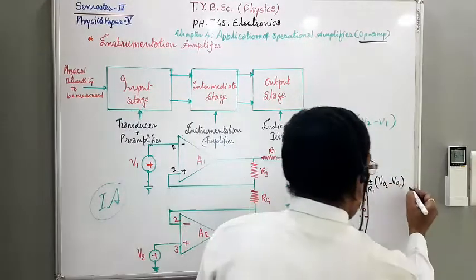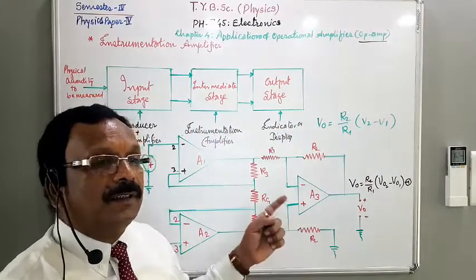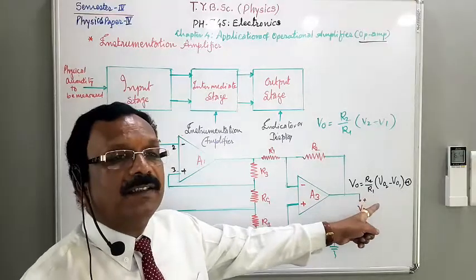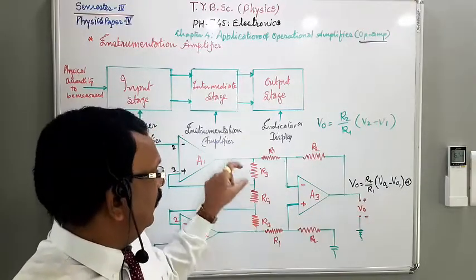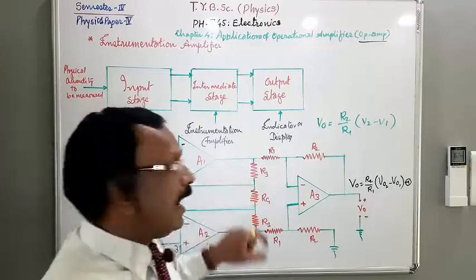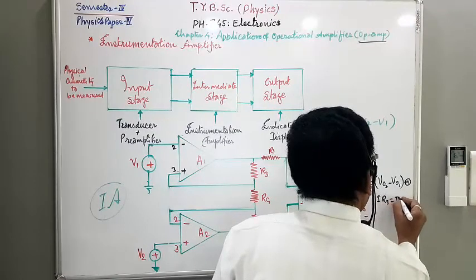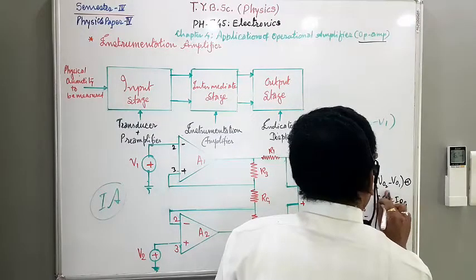Suppose this is equation 1. Now why is this? Since the current through R3, that means these two, is equal to the current through RG, IR3 is equal to IRG.